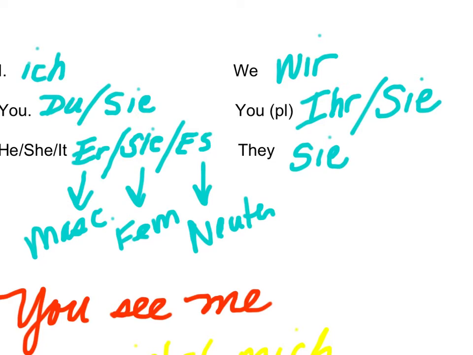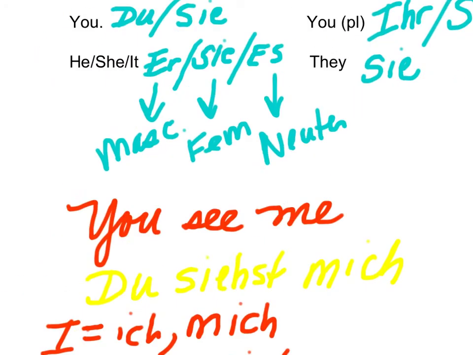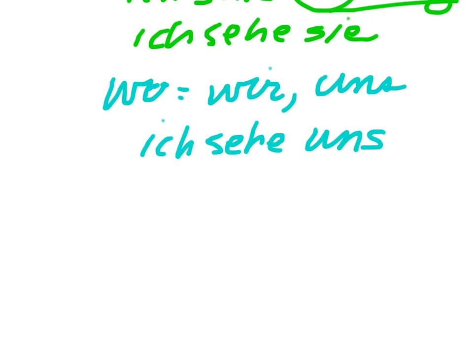So if I were to address a bunch of people and I didn't know them at all, ladies and gentlemen, I would use the Sie to talk about them because I would be showing them respect because I don't know them. All right? But if I had a bunch of friends I was talking to, hey, let's go to the party, then I would use this ihr word. Hopefully I haven't lost anyone.